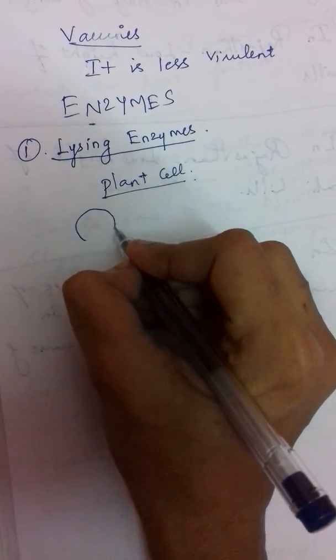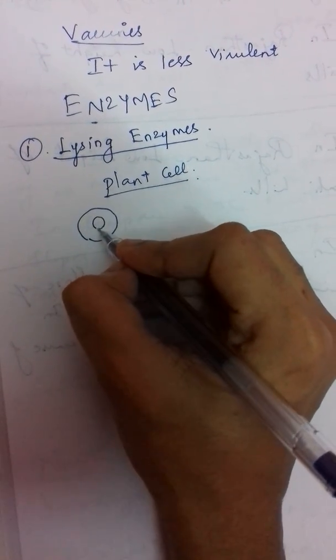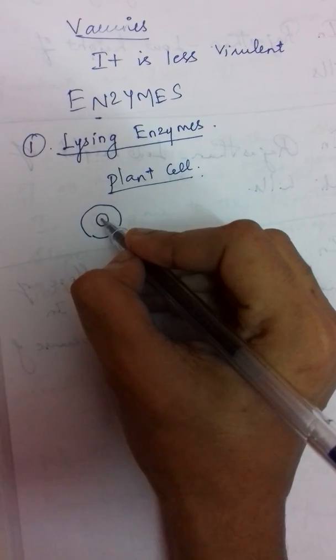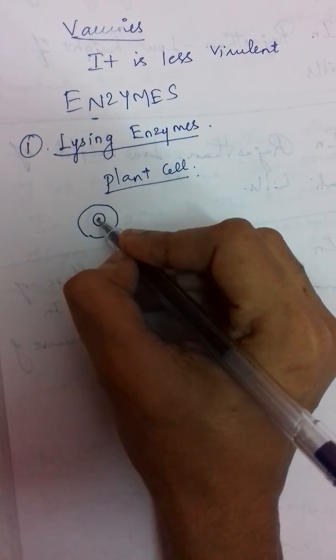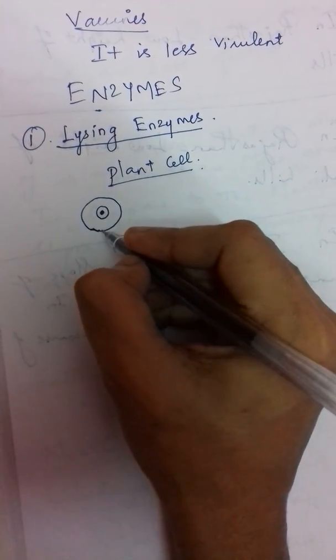For example, in a plant cell we know that the cell wall is present and then the plasma membrane. Then only can we reach the DNA. The cell wall of the plant cell contains cellulose.